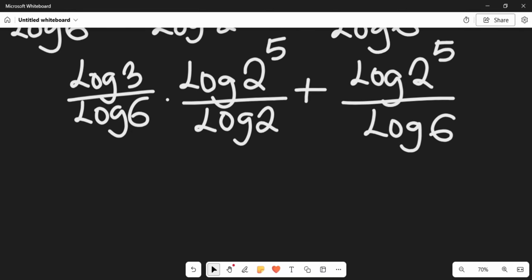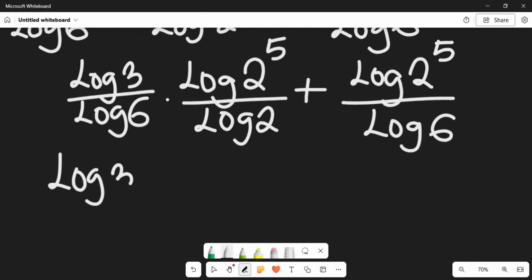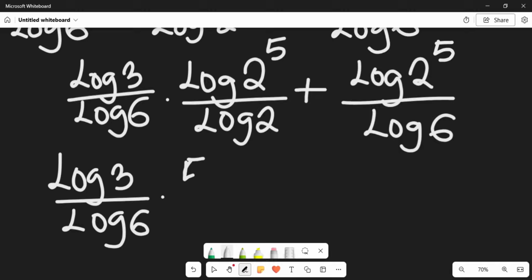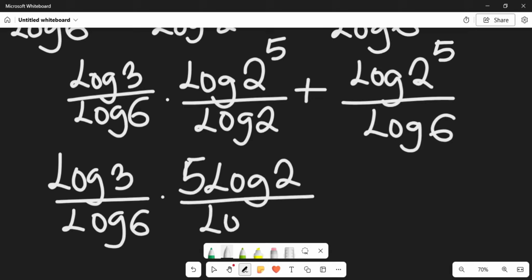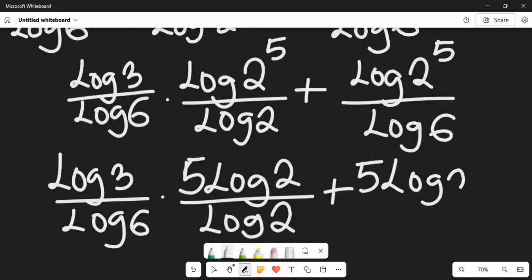Now, this expression will give us log 3 divided by log 6 multiplied by 5 log 2. We'll make it simpler so that you can easily break down this at your own convenience, plus 5 log 2 divided by log 6.